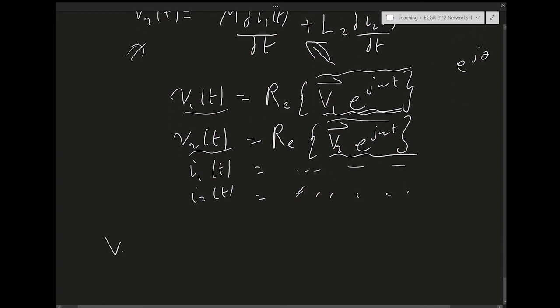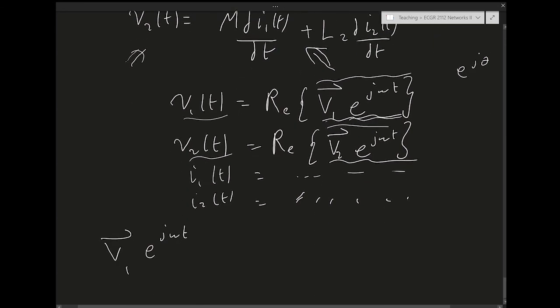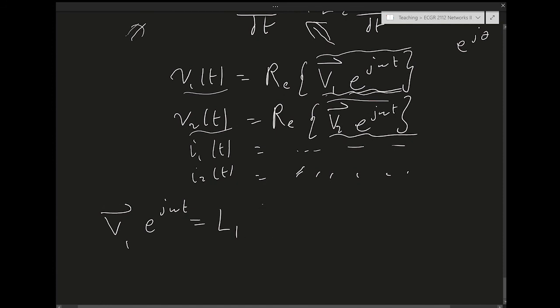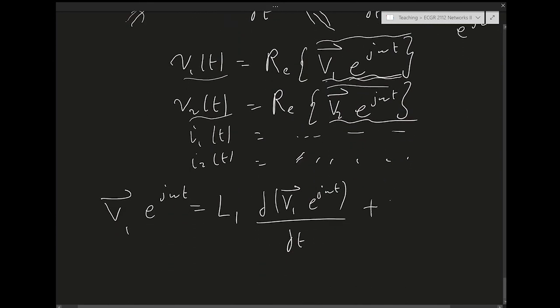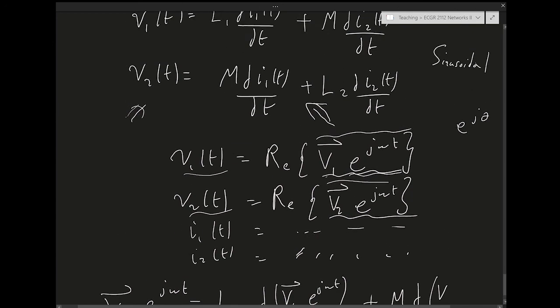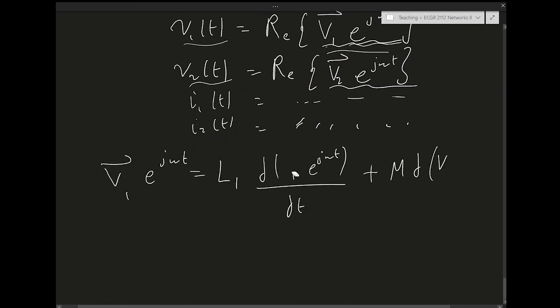So I end up with V1 phasor e^(jωt) equals L1 d(I1 phasor e^(jωt))/dt plus M d(I2 phasor e^(jωt))/dt, sorry, not V1, I1, it's the current.